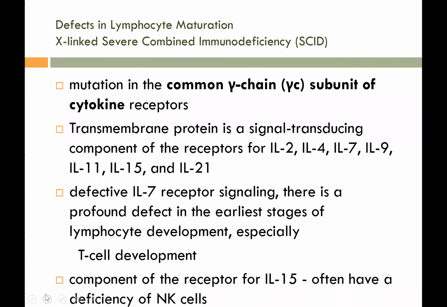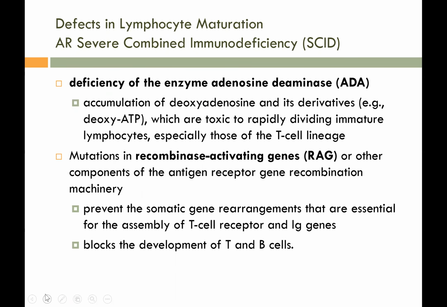Interleukins are the ones that we are talking about when we are dealing with X-linked SCID. When you say autosomal recessive, as I have mentioned, the most common is adenosine deaminase. Okay, adenosine deaminase.